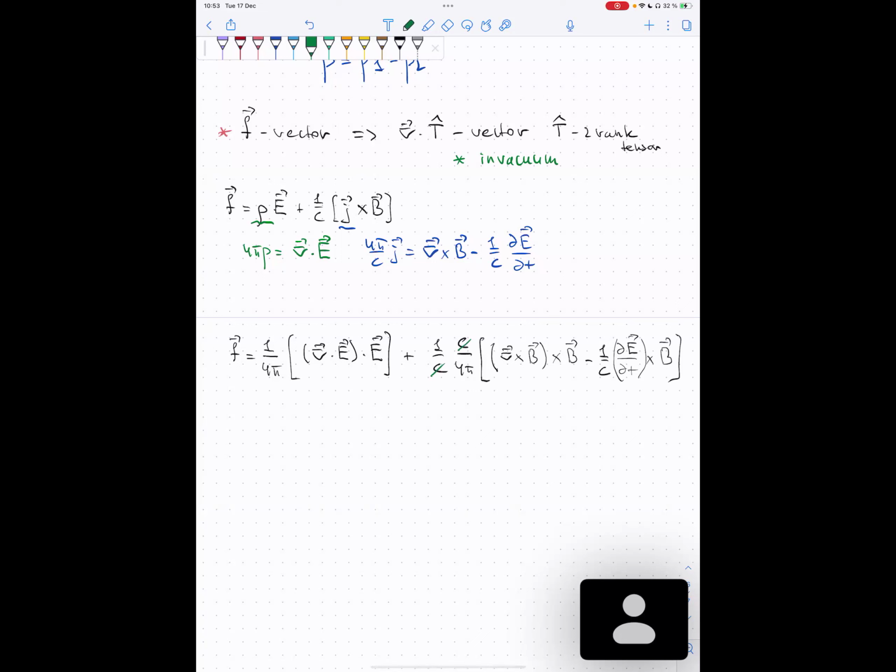So obviously this c and this c will be cancelled.